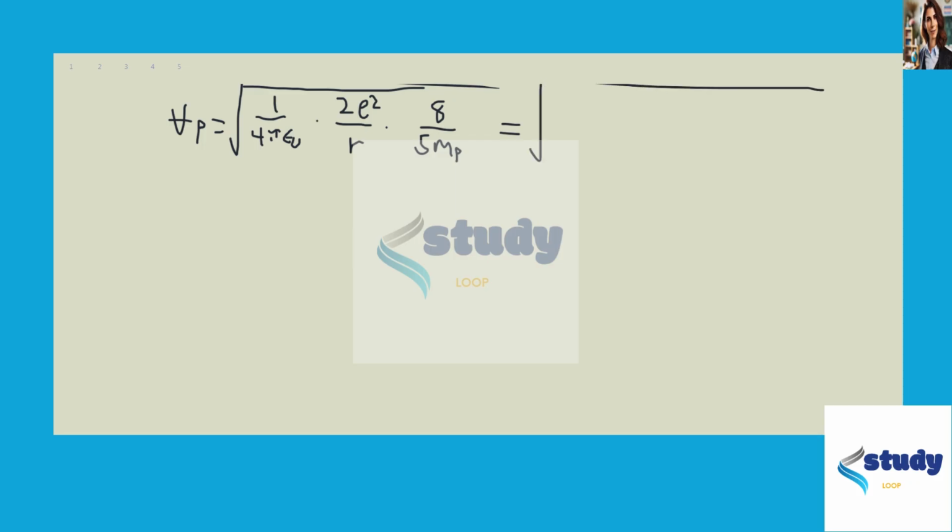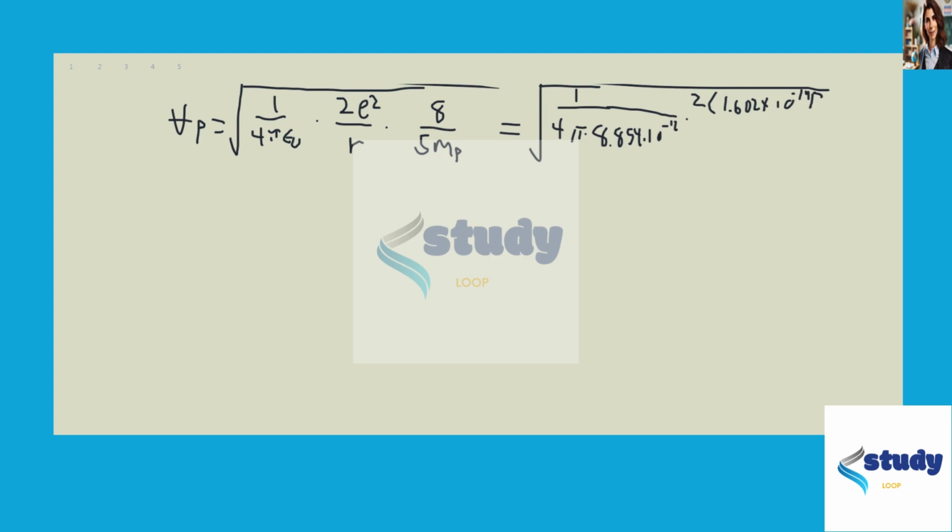So this is just the square root of 1/4 pi times epsilon naught, which we said before was 8.854 times 10 to the minus 12, times 2 times electron charge squared, 1.602 times 10 to the minus 19 squared.